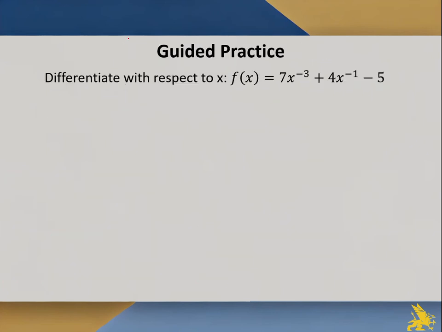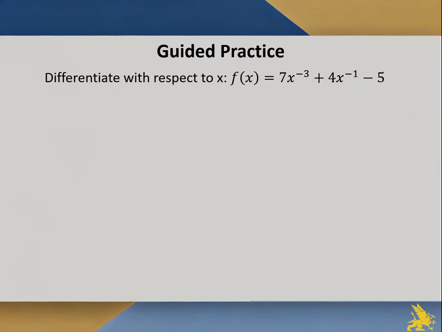Let's have a go at differentiating f of x is equal to 7x to the power of negative 3 plus 4x to the power of negative 1, take away 5.